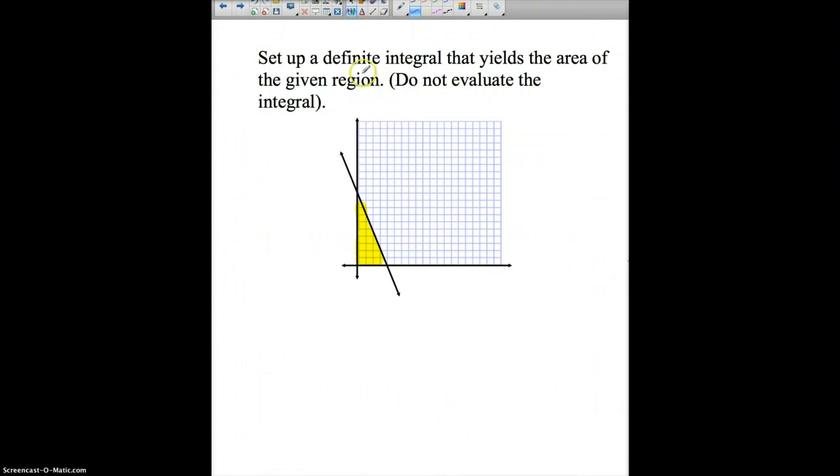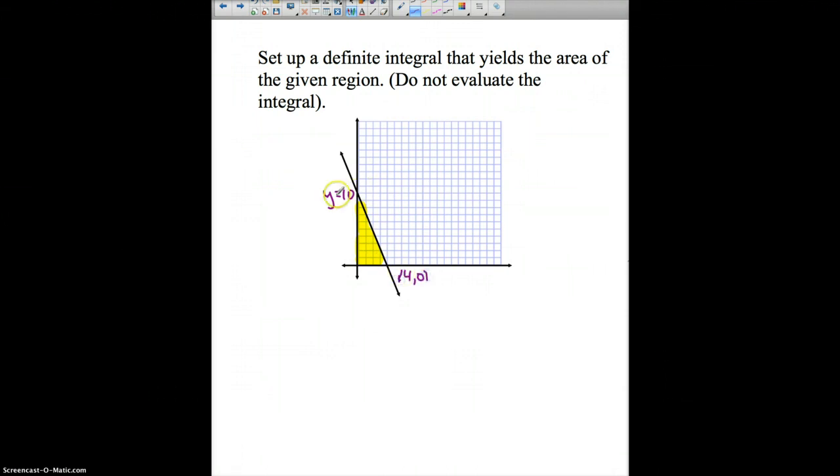So if it says set up a definite integral that yields the area of the given region, we need to find the equation of this line. 1, 2, 3, 4, 5, 6, 7, 8, 9, 10. So the y-intercept is 10. And it goes down to 1, 2, 3, 4.